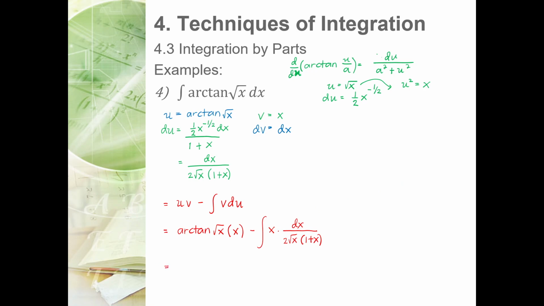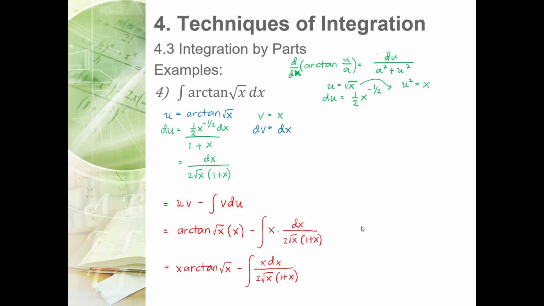So we have x arctangent square root of x minus the integral of x dx all over 2 square root of x times 1 plus x.